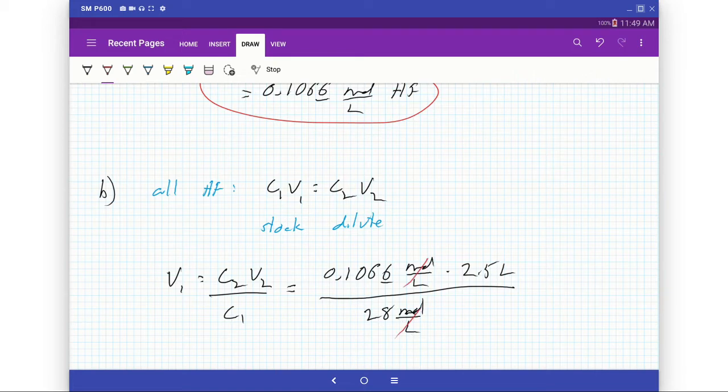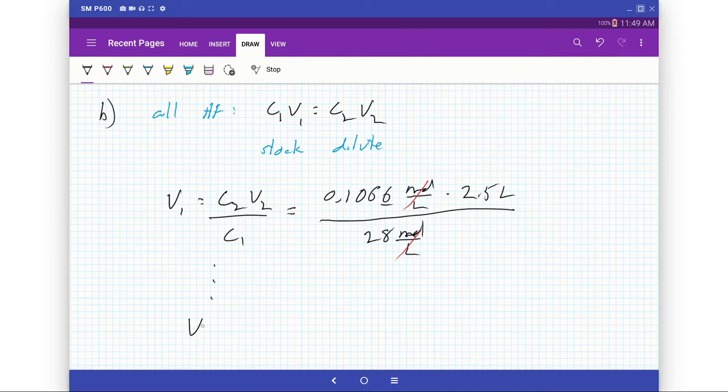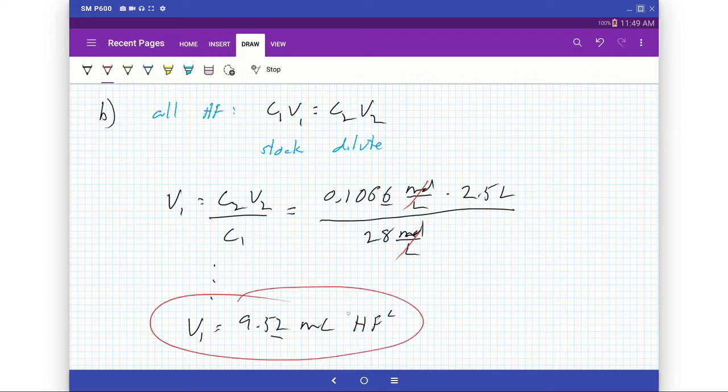When you go through the math, what you find is that the volume of concentrated HF that was spilled is 9.52 milliliters, limited to 2 significant figures. That superscript C often refers to concentrated HF, basically as concentrated as you can make it.